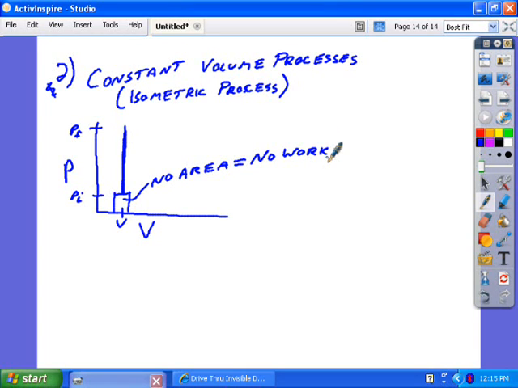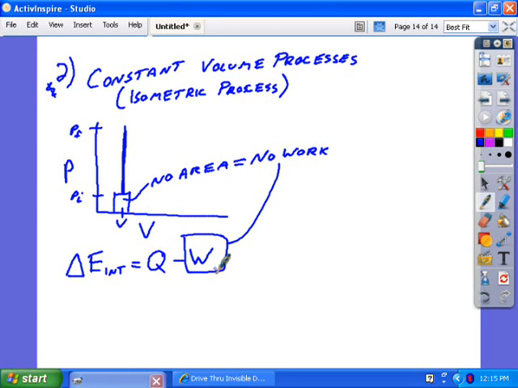So we start with that same exact equation for the first law. The change in internal energy equals the heat gained minus work done. So, in this case, we've got no work. Work goes to 0, so that means in a constant volume process, the change in internal energy is going to be equal to only the amount of heat added in or the amount of heat separated out.